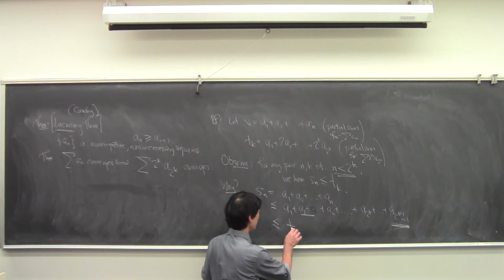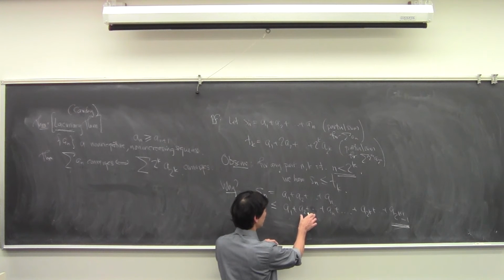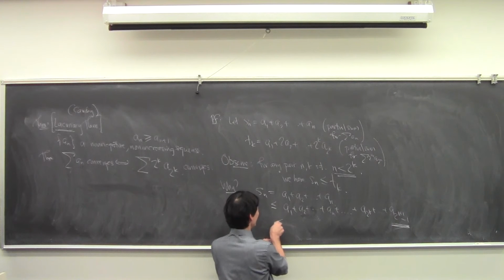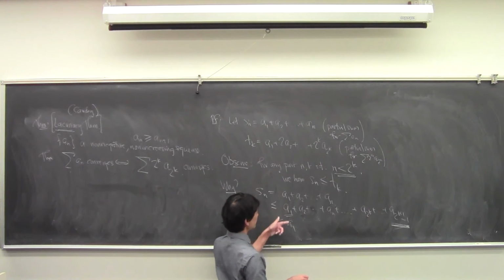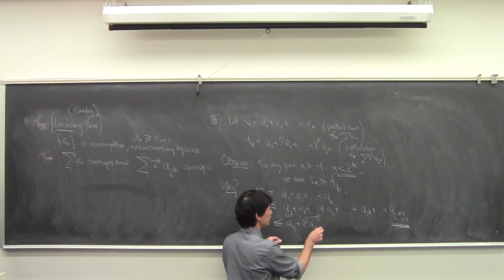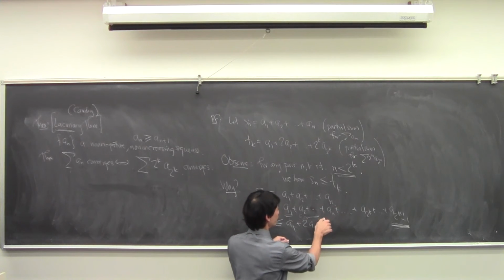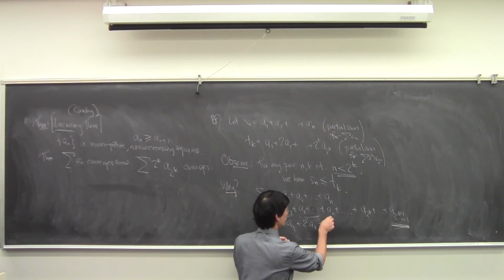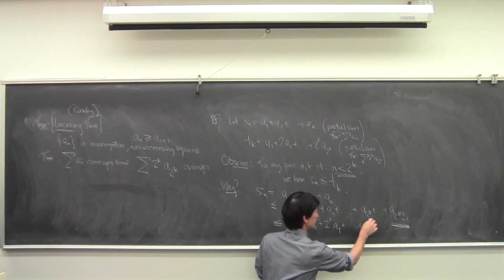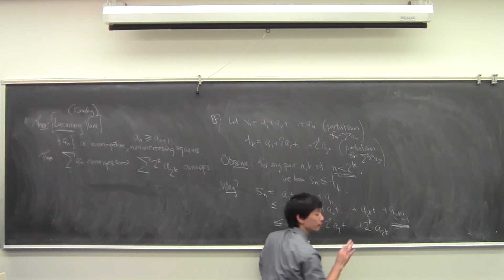So a sub 2 plus a sub 3 is smaller than, this is a1, a2 plus a3 is smaller than 2 a2. And then the next 4 terms are smaller than 2 squared a sub 4, and so on, smaller than 2 to the k, a sub 2 to the k.